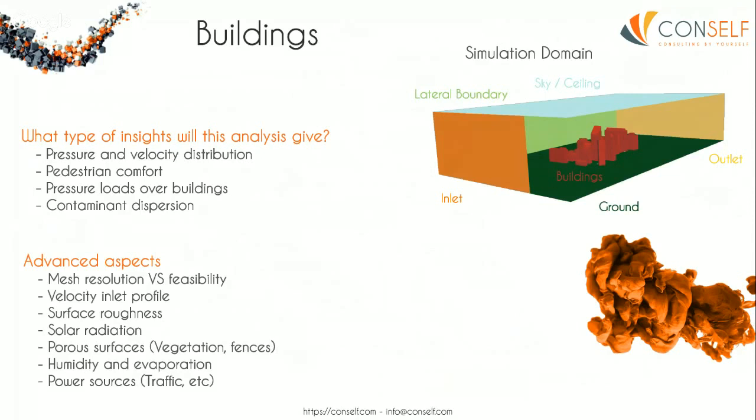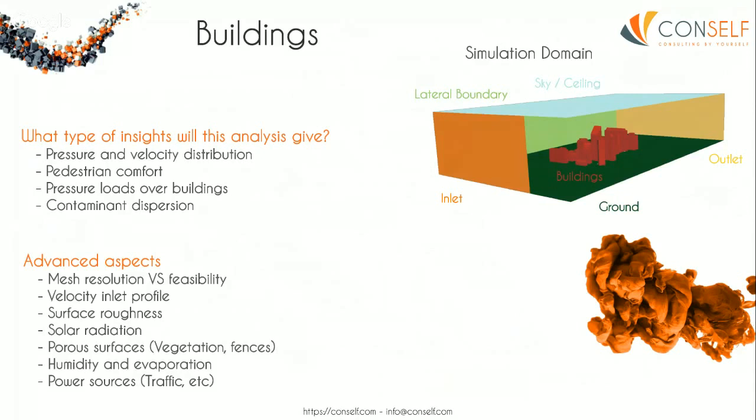Also, another important aspect is the velocity inlet profile. We will use a uniform profile, but there are a lot of other kinds of inputs that the user can use, and we will make these inputs available very soon on our platform. Another aspect that we will probably have next week is the surface roughness.